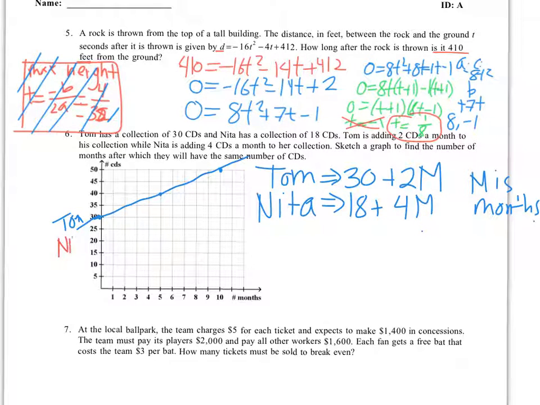And then I'll do Nita or Nida. She's got 18. Cool. After 3 months she hits 30, and that's a nice number on this graph. And my next nice even number is going to come when she hits 50, because that's 20 later.